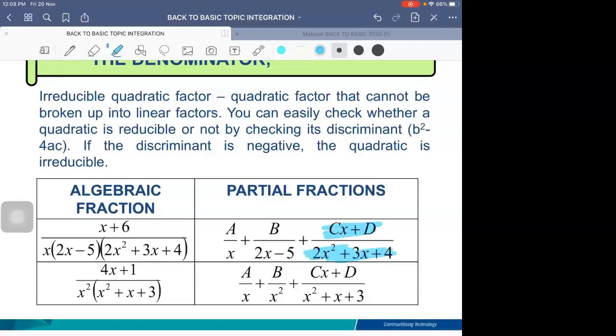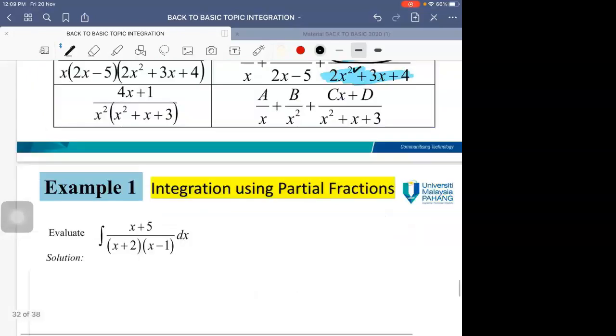For the numerator term, the power must be 1 less than the denominator. The denominator's highest power is 2, so when you write your numerator, it must be linear, cx plus d. Alright, so let's look at an example.